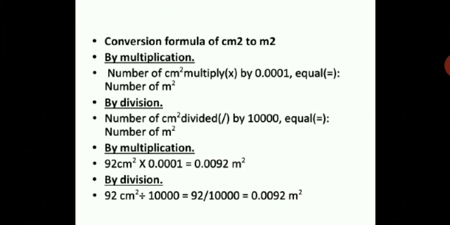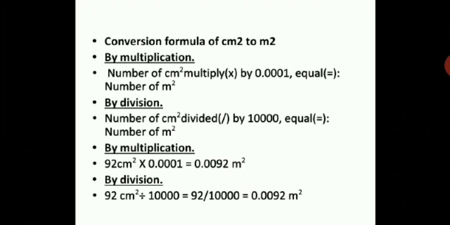Then by division, if you see over here, 92 centimeter square divided by 10,000. When you divide 92 by 10,000, again you are shifting the decimal towards the left-hand side. How many decimal places will you shift? 4 decimal places. So you will get 0.0092 meter square.